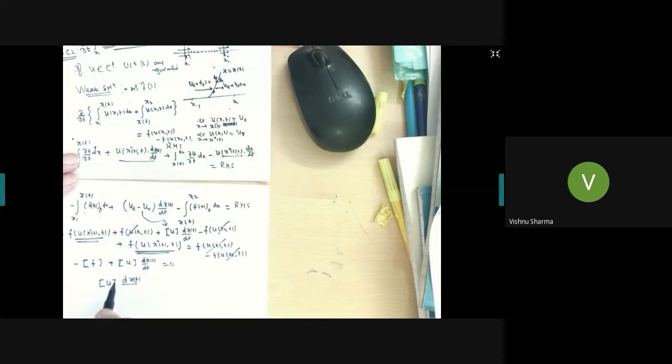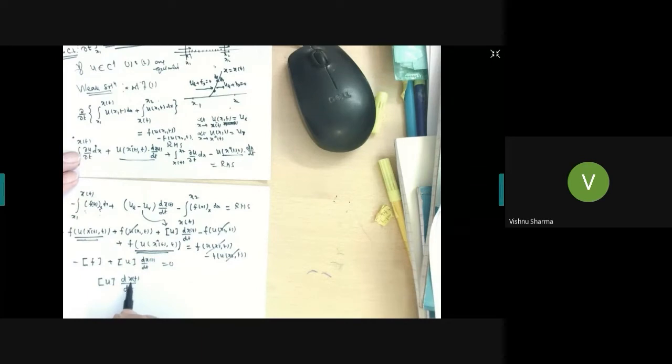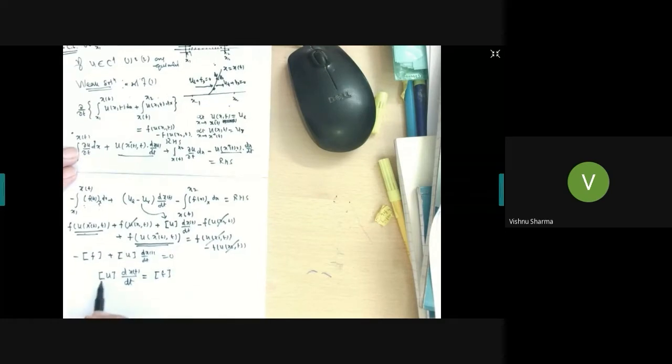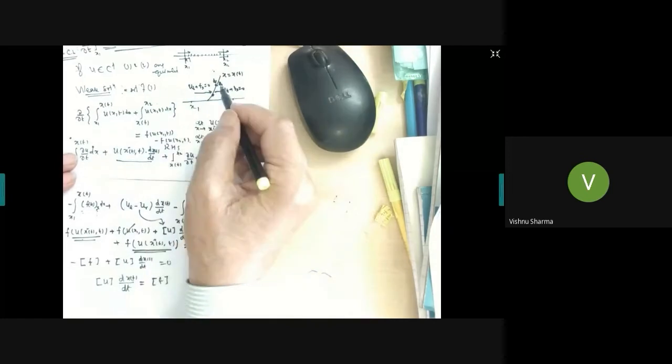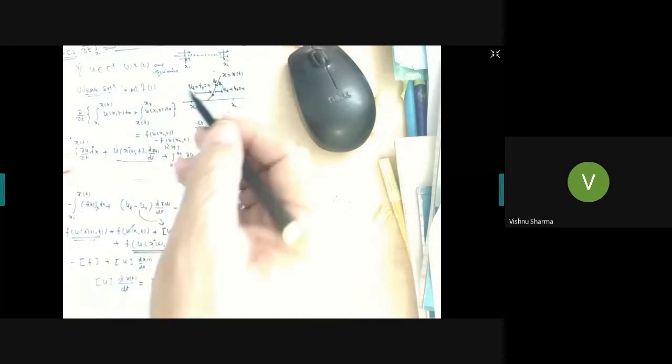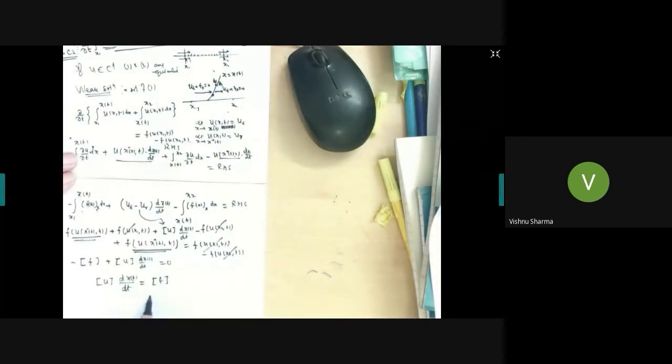It's the slope of the discontinuity, and in fact, this is your speed with which the discontinuity propagates, and this is your jump in f. Since this is different from 0 because it undergoes a discontinuity, means u_l is not equal to u_r, so I can divide it. That is dx/dt, this is your jump in f divided by jump in u.